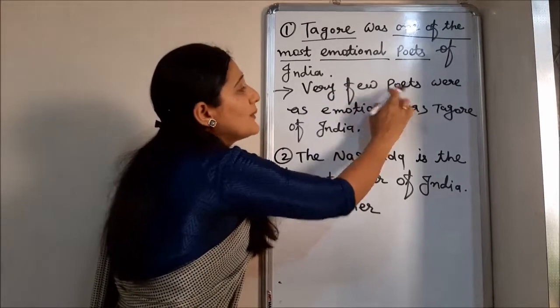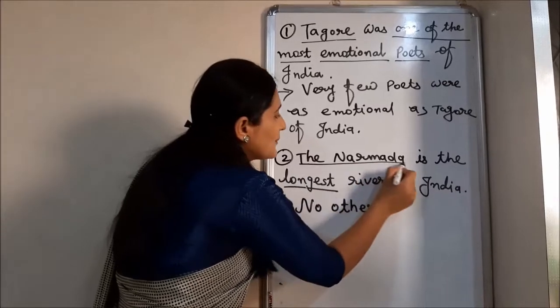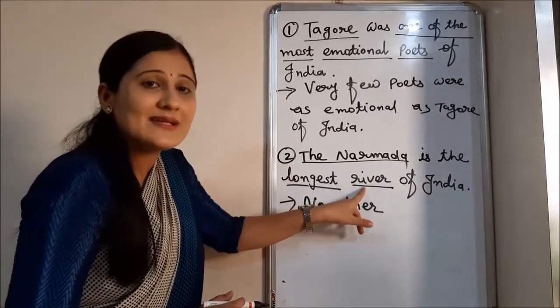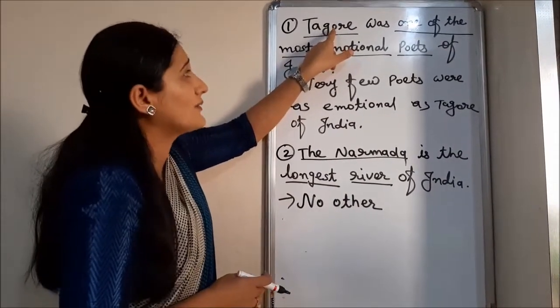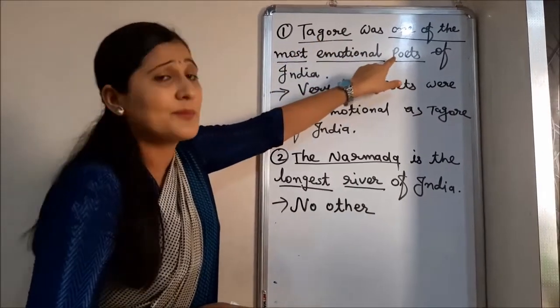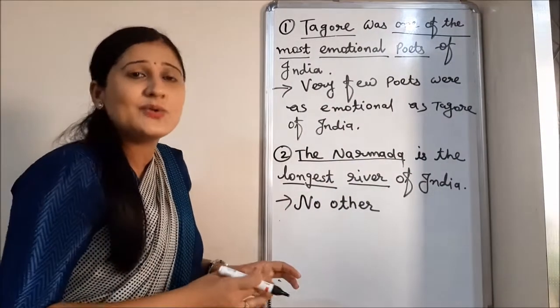And as I told you, after no other, there should be a singular noun. Here very few plus plural, poets. So here let's exchange the subject. First is Narmada and second is river. See, the second subject is river. You can come to know Tagore, he was a poet. That's why both the subjects are similar or related to each other.